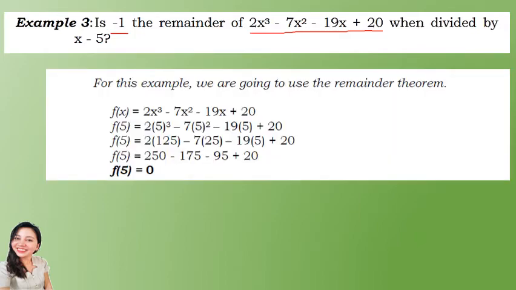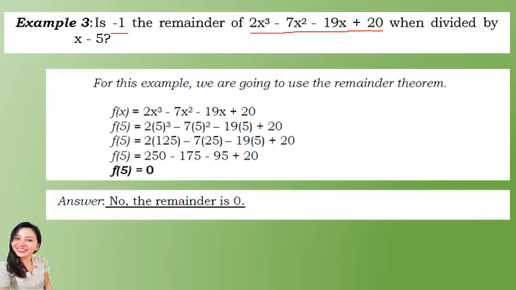Again, every x here we substitute with x equals 5. Every x is replaced by 5. 5 cubed, using a calculator is difficult because of the many multiplications. 5 cubed is 125, 5 squared is 25, then 5 plus 20. 2 times 125, 250. 7 times 25, 175. 19 times 5, 95 plus 20.